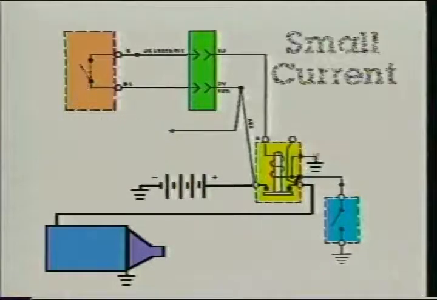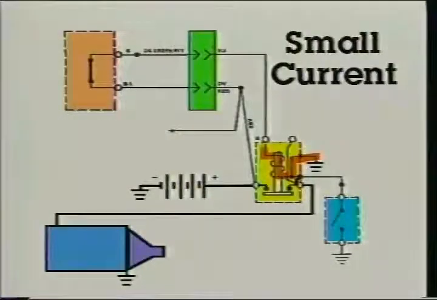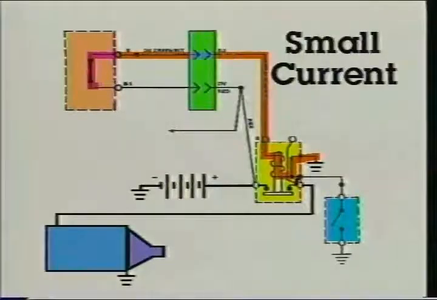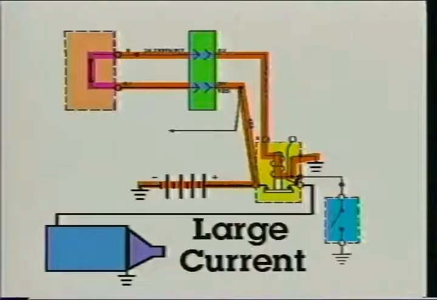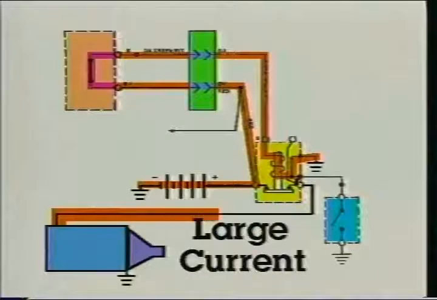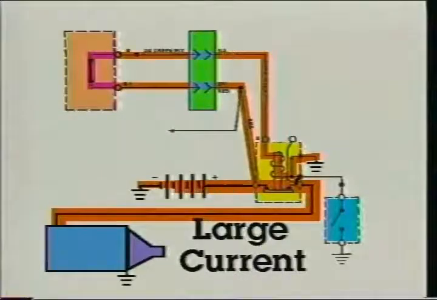When the ignition key is turned all the way, a small current flows through the solenoid windings, the ignition switch, and back through the battery. This energizes the solenoid and closes its contacts. A very high current can then flow through the starting motor, the solenoid and battery to crank the engine.